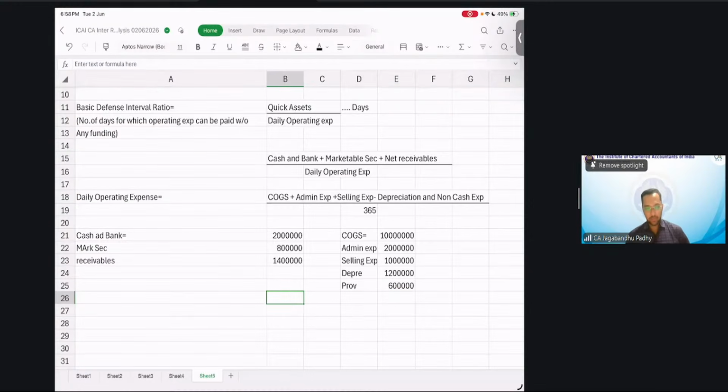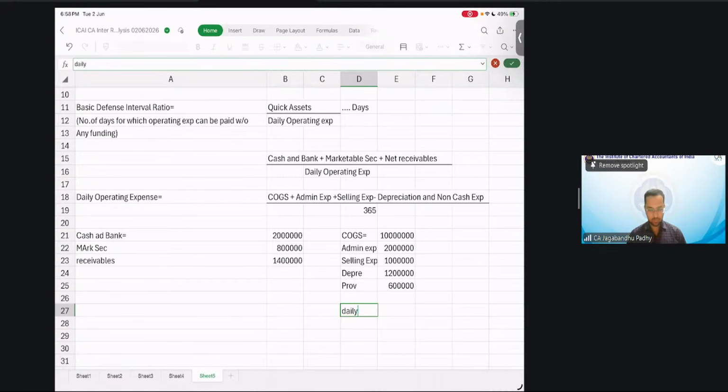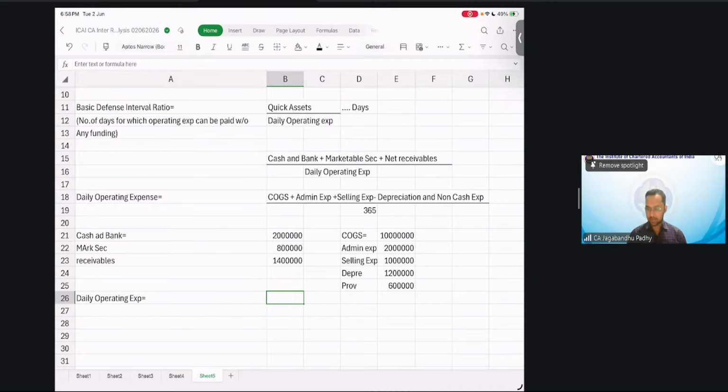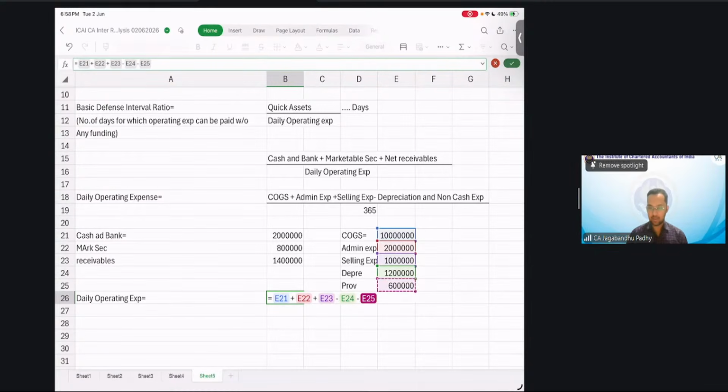Okay. So first we need to calculate the daily operating expense. The daily operating expense will be your COGS plus admin plus selling less depreciation and less provisions.